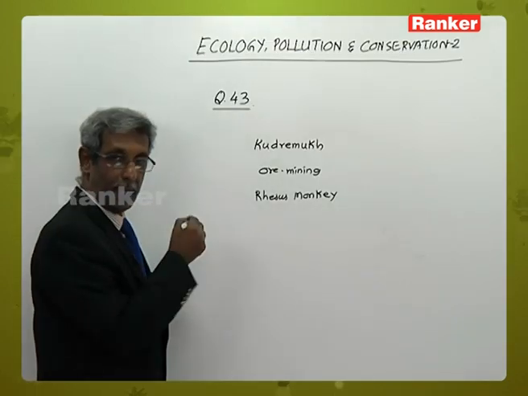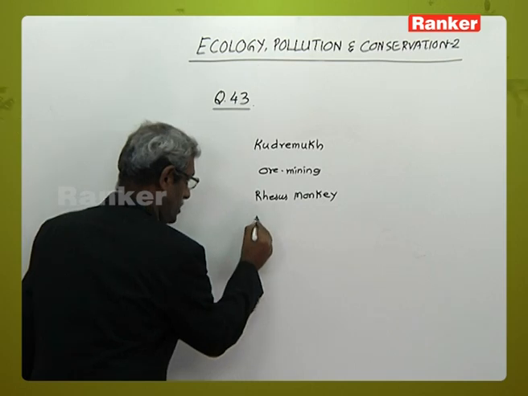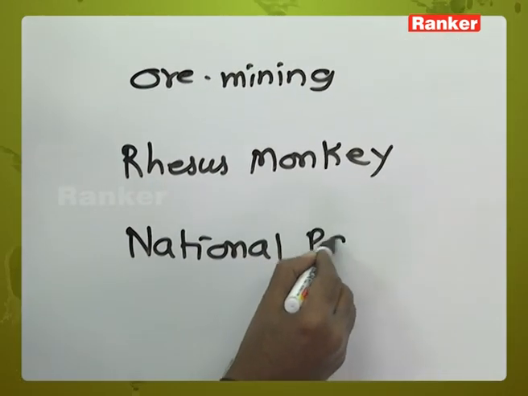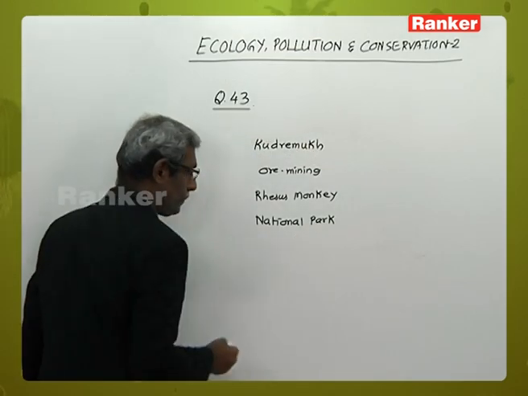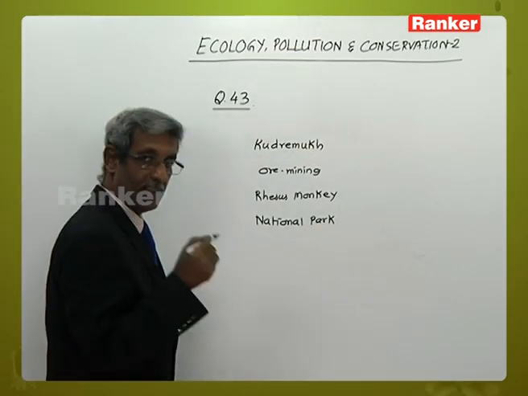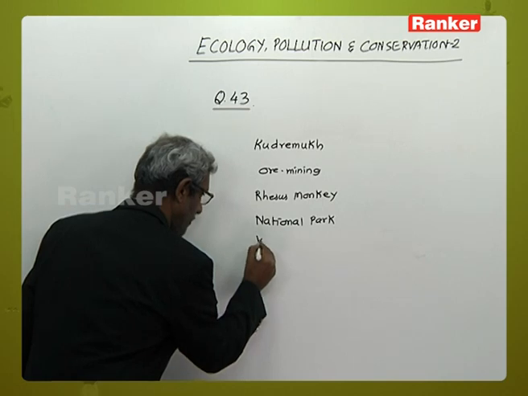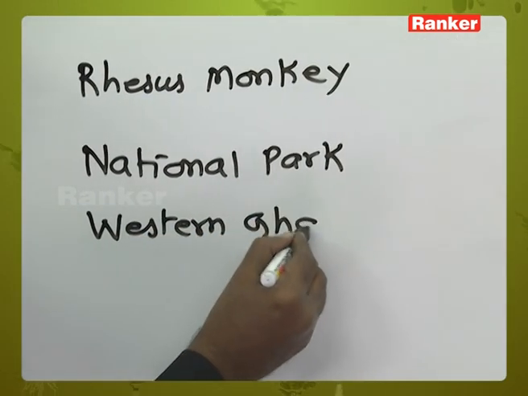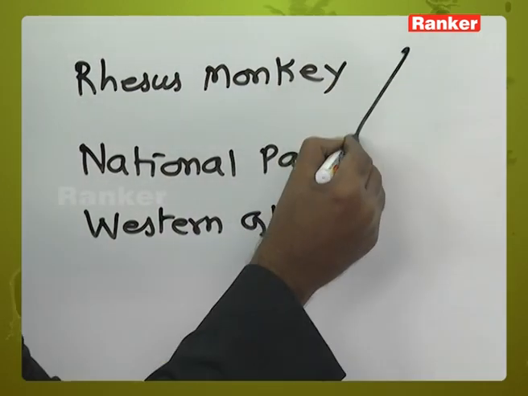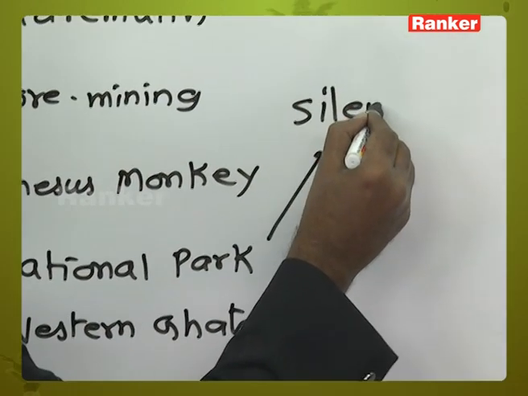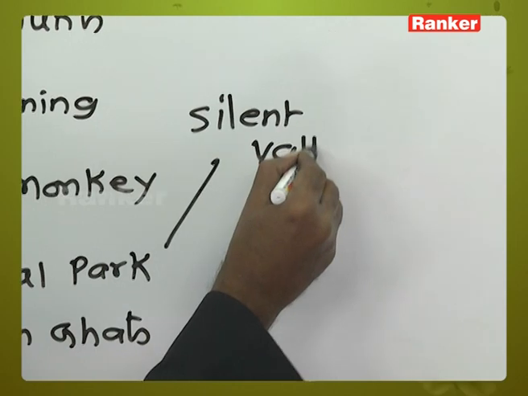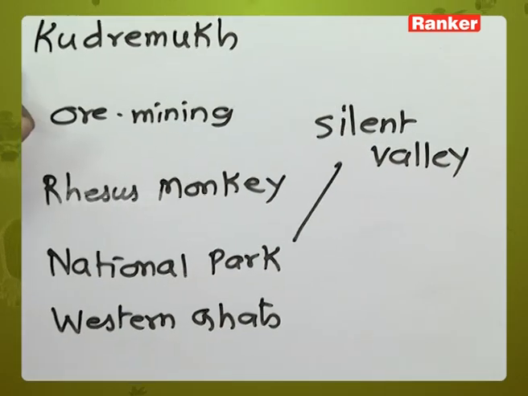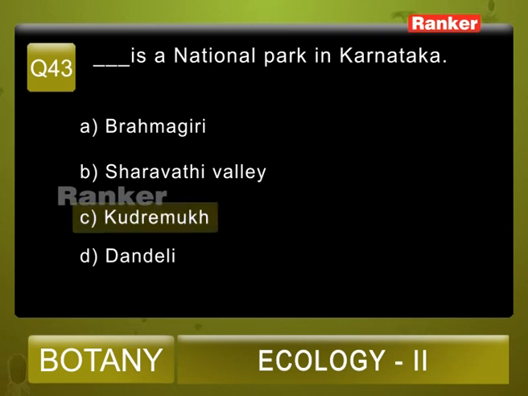And the same area forms a part of the national park, whereby there is conservation of plants from the Western Ghats. So, we have the Silent Valley National Park near to the place of Kudremukh. The answer is C.